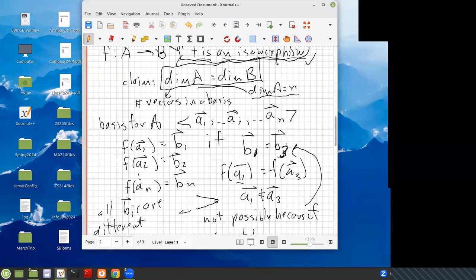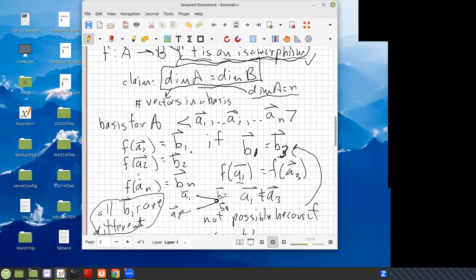Because f is 1 to 1, I can't have f of A1 equaling f of A3, because if A1 is not equal to A3 and this was the case, I would have A1, A3 going to one vector here, and that's ruled out by the fact that f is 1 to 1, and that means that all the vectors are different.